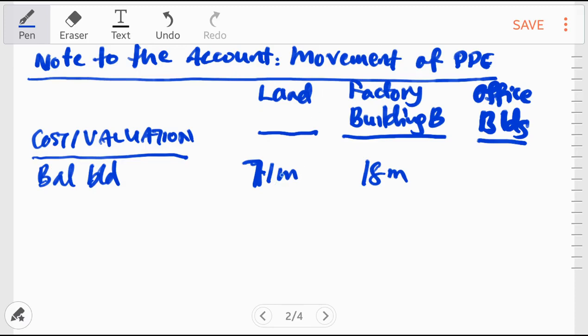The land was actually revalued at the end of the year, so that was some oversight. So the land was revalued at the end of the year, but the building was revalued at the beginning of the year. For the office building, there is no revaluation whatsoever. The cost is what you show here, which is on 1st of October 2018.